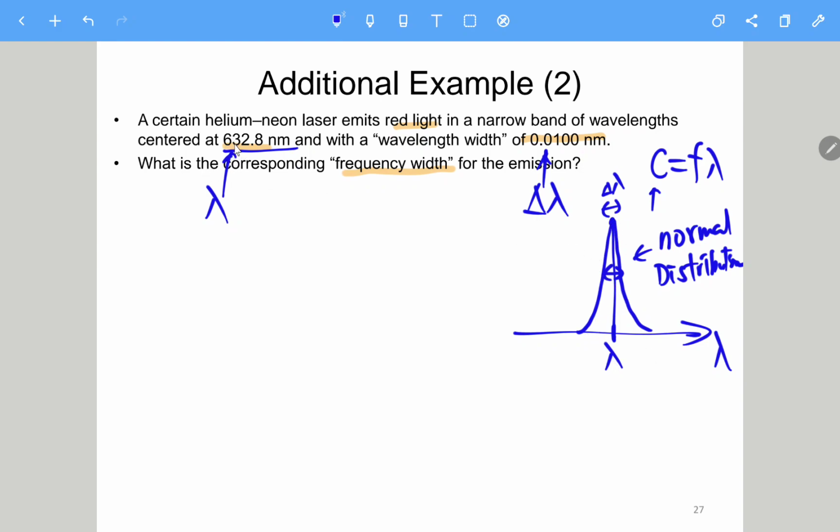Some of the light is at 632.8 nanometers, but some may be 632.8 plus half of the width, or minus half of it, so there is a small deviation. For the frequency, if it were a delta function, it would also be a delta function, but unfortunately it's a normal distribution. So in the frequency domain we also have this shape.